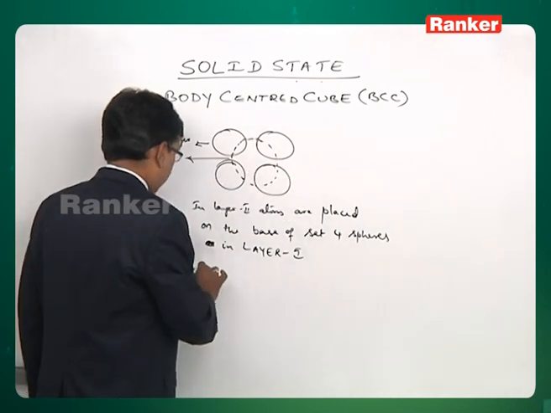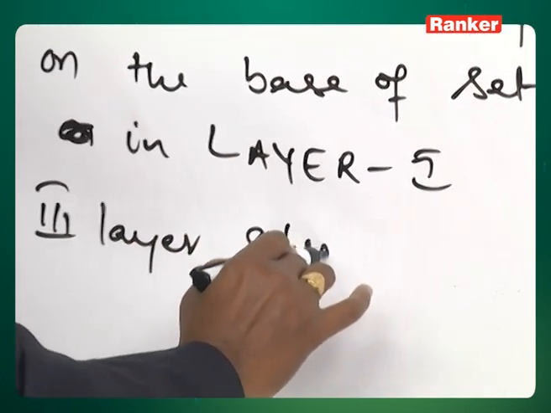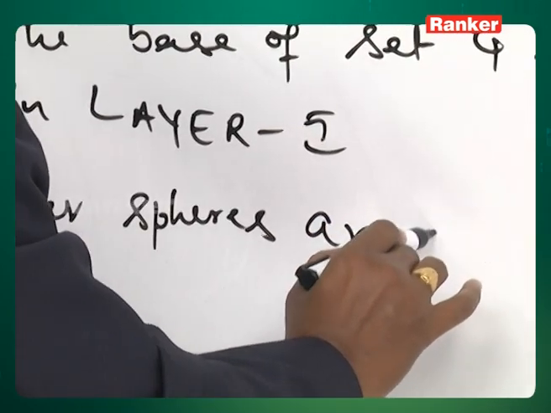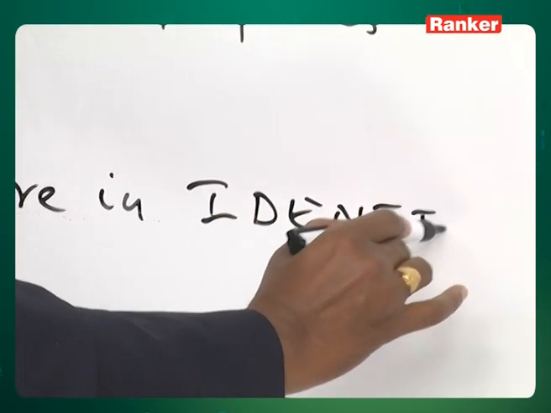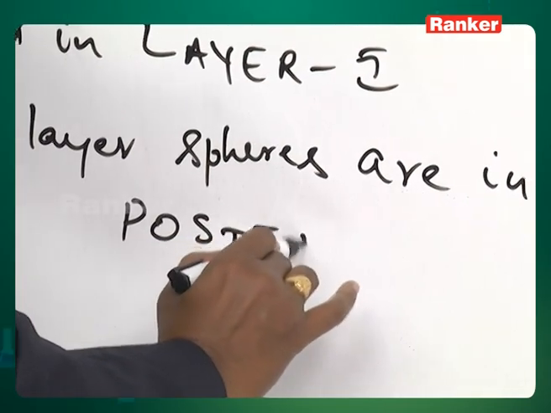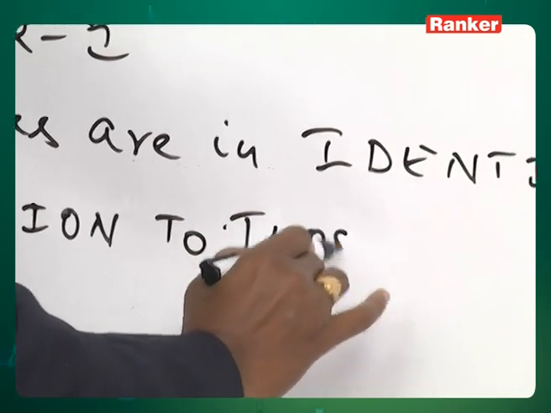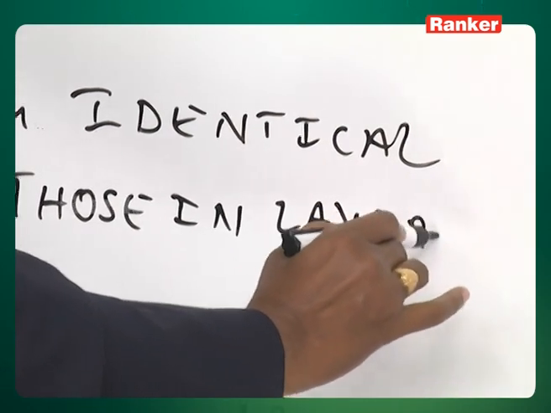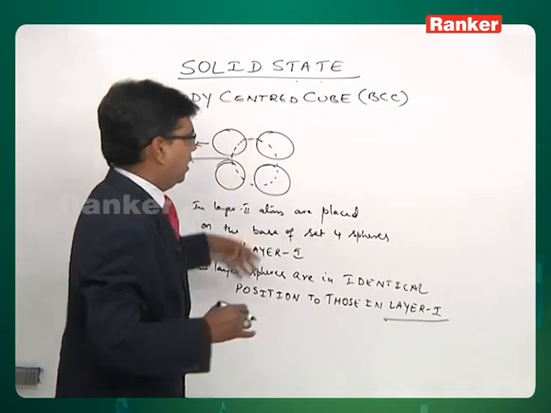And in the third layer, spheres are in identical positions to those in layer 1. That means another 4 spheres are kept like this.